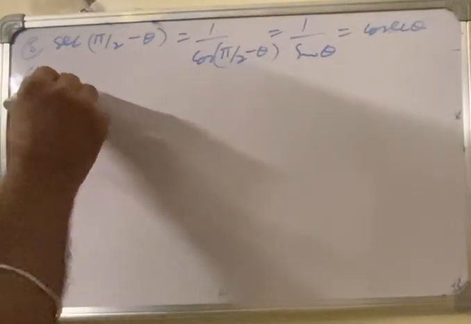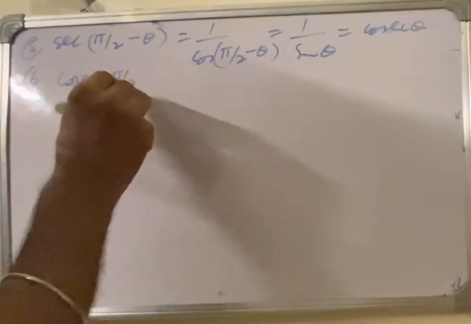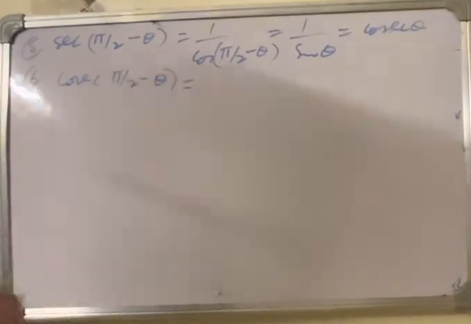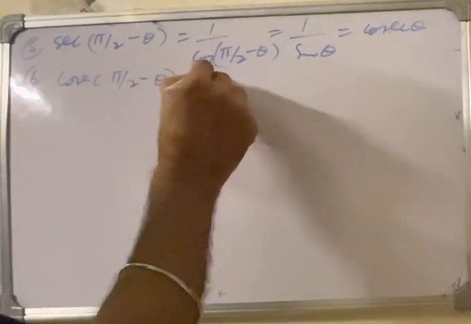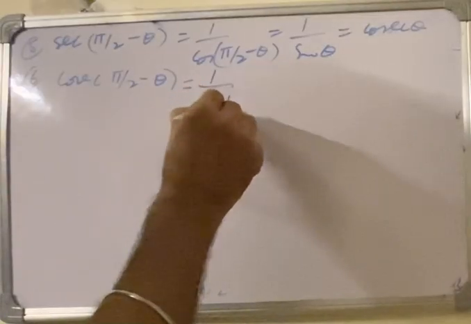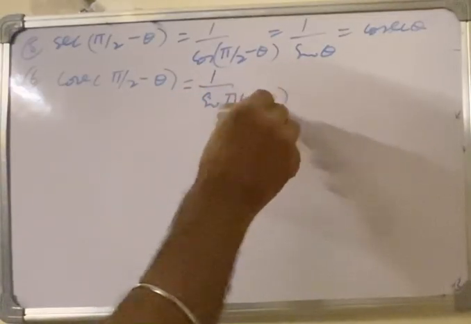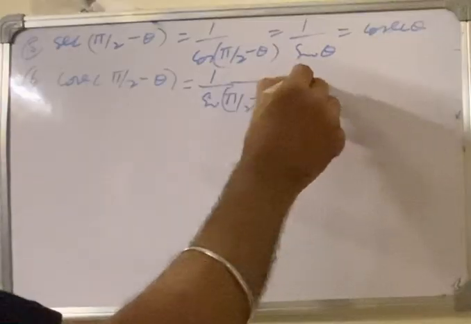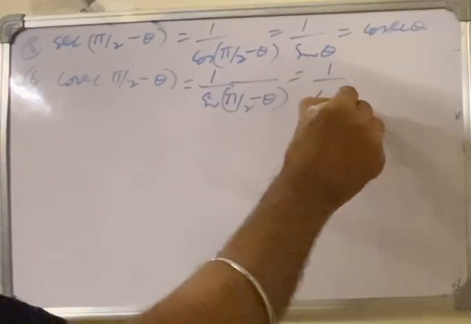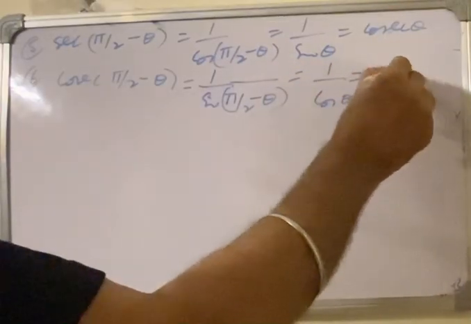Then last is cosecant of pi by 2 minus theta, is equal to 1 over sine of pi by 2 minus theta, which is 1 over cos theta, is equal to secant theta.